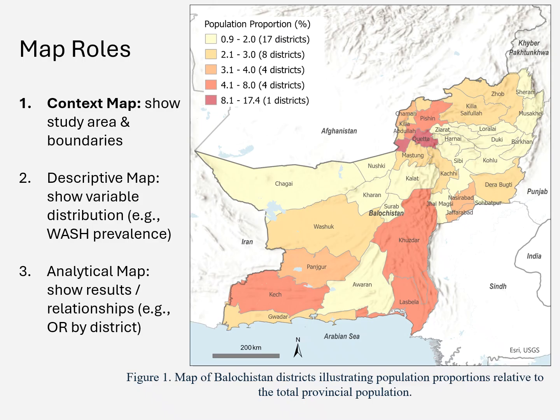That's the way we show the population proportion distribution across those 36 districts, which is important to understand which areas have more population and which have less, and that gives context for your next analysis.